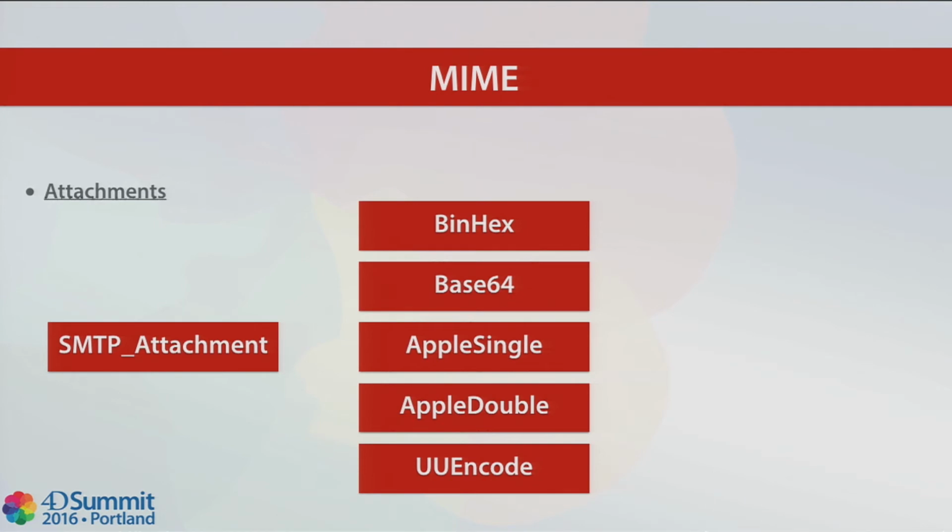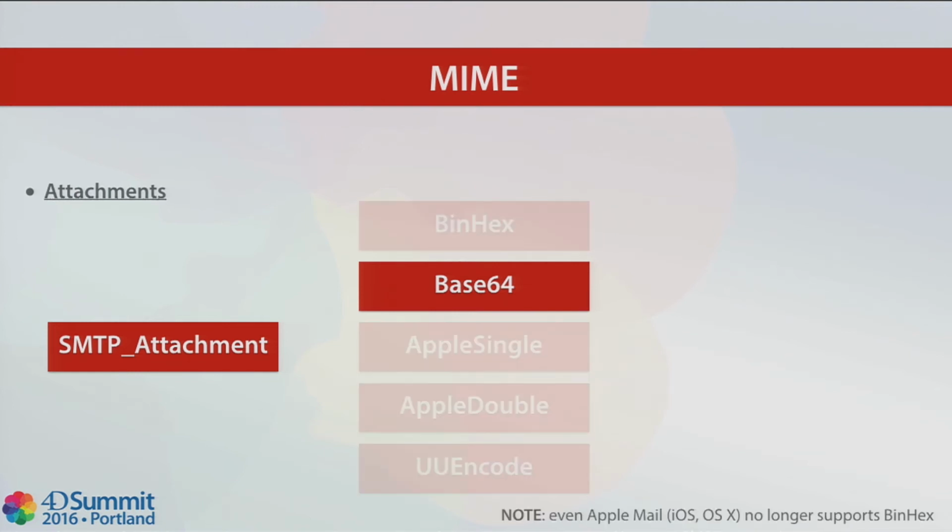Anyway, that's done. Attachments. There are various ways to encode a binary file so that it will fit in the limitation of SMTP, which is plain text and 7 bits. 4D Internet Commands supports all these different encodings, but really, you only need to know about base 64.